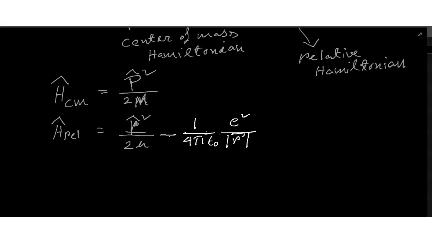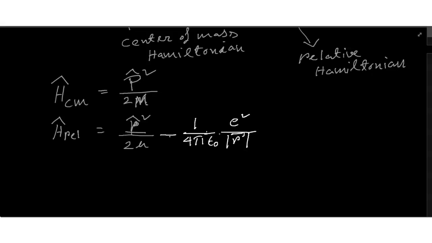Again, we can also think of it as describing the motion of a fictitious particle, this time of mass mu moving in an electrostatic potential.